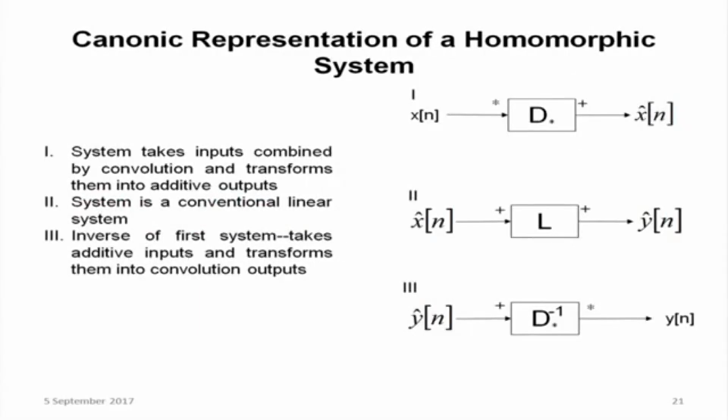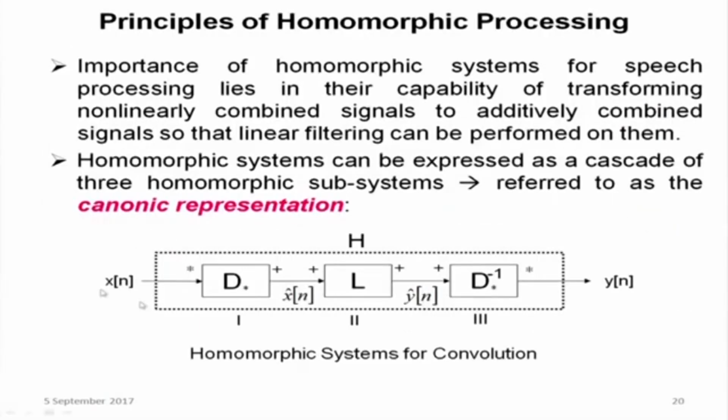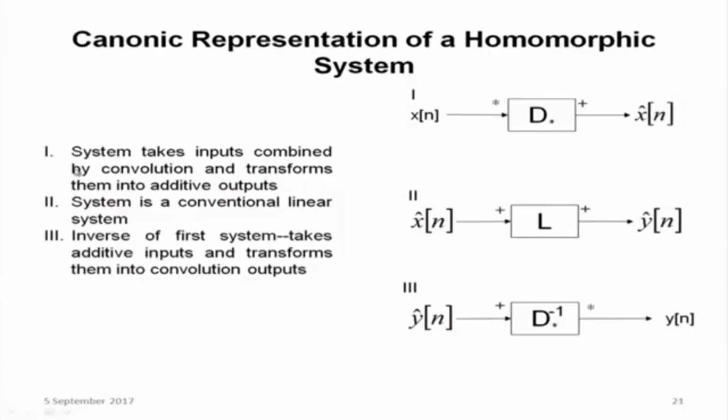If you see this picture, there are 3 parts. First part: the system takes input combined by convolution and transforms it into additive output. Second part: the system is a conventional linear system, for example a linear filter.